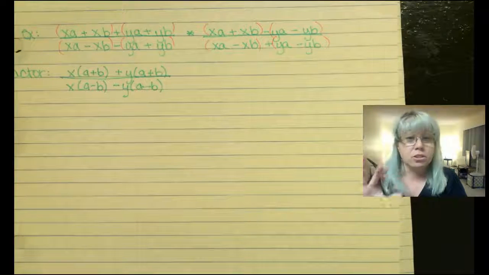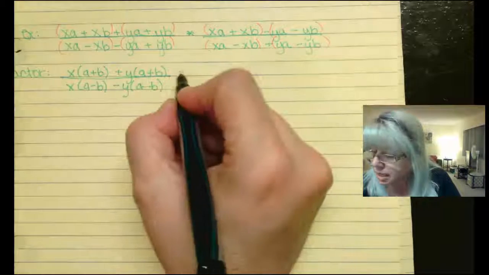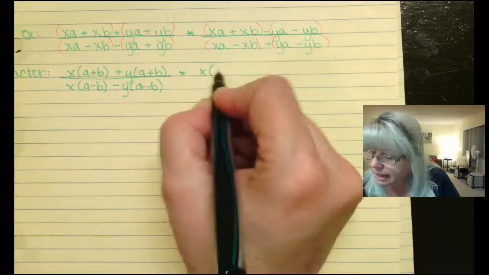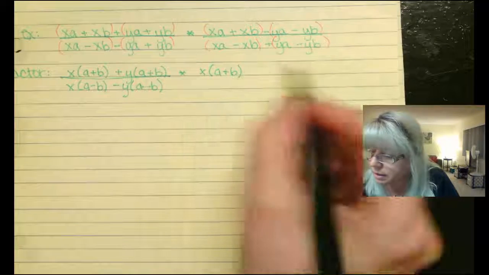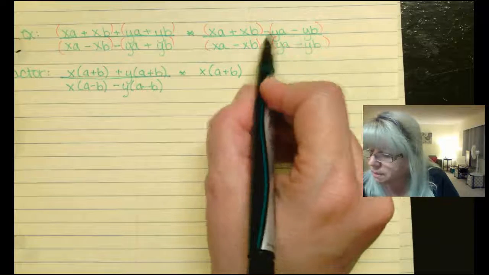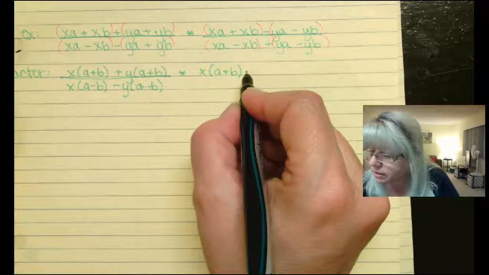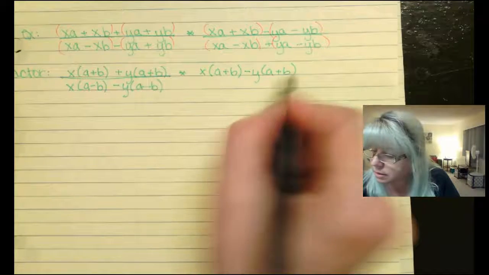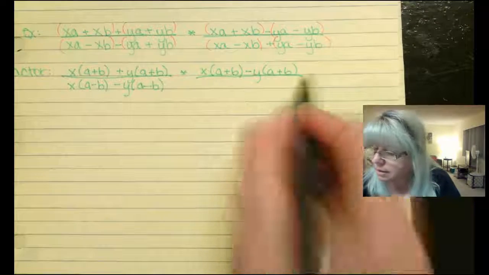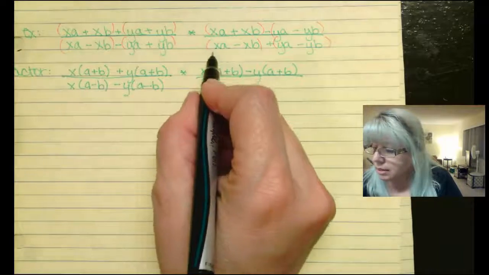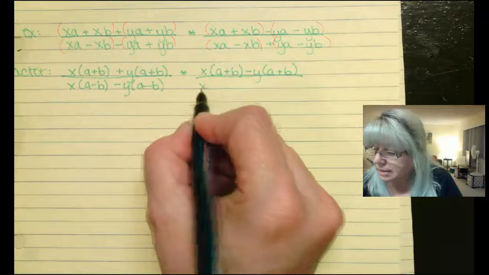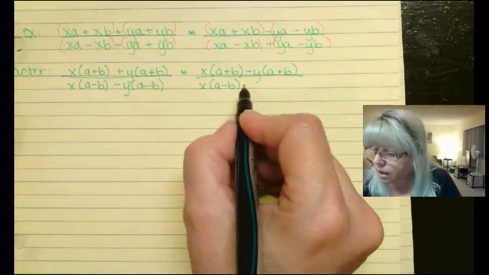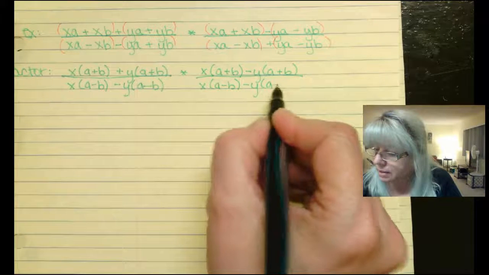Okay, so the first term is factored, times, all right, x, a plus b. And let's go ahead and factor out a minus y out of here, minus y, leaving me a plus b. Denominator will be x, a minus b, and we can factor out a negative y again, a minus b.